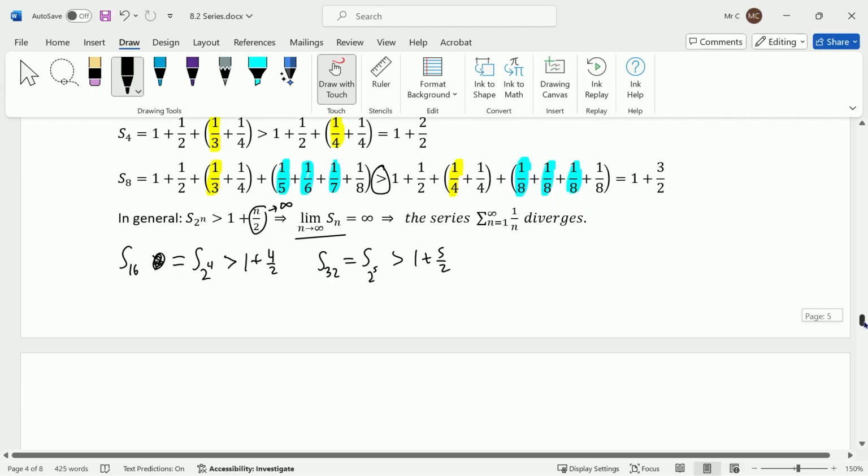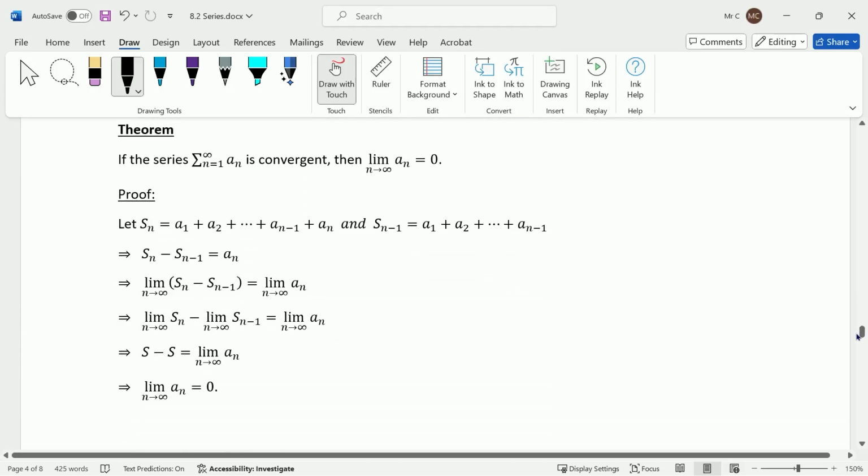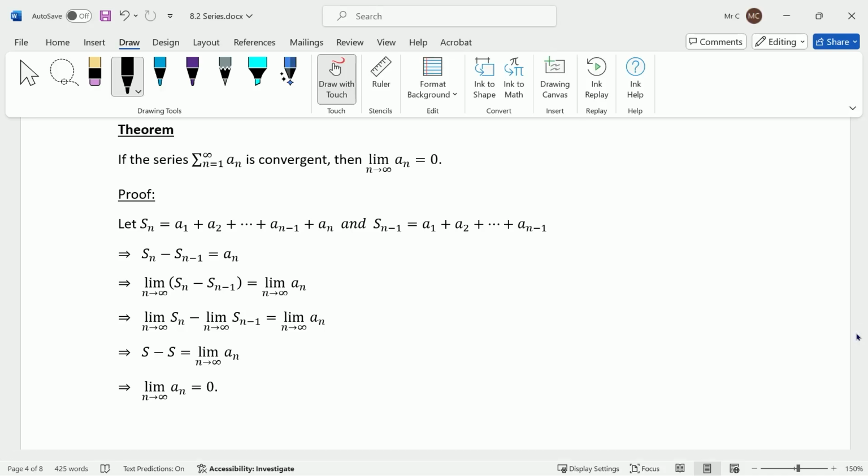All right, well, that's it for that example. Now let's go on to an important theorem. So this theorem says if a series converges, then the limit of terms is 0. So again, this is where students get a lot of confusion, because this is basically the opposite of the statement that we just showed doesn't work.